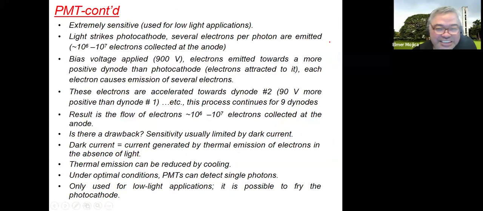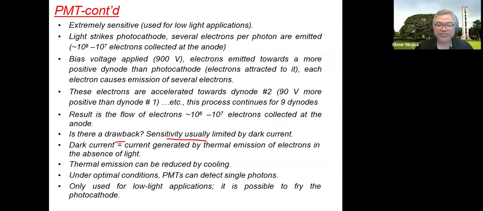So they're extremely sensitive, used for low light applications: light strikes the photocathode, bias applied. The drawback is that sensitivity is usually limited by the dark current, which is the current generated by thermal emission of electrons in the absence of light. When you emit electrons, there's also some heat that it emits.